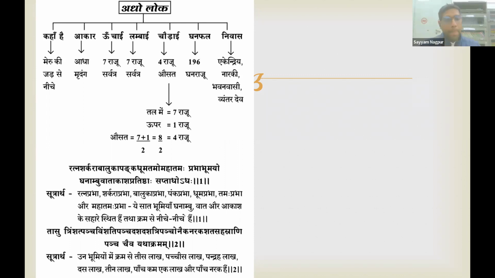Now say Ratna Sharkara Baluka Pank Dhoom Tamo Mahatamaha. Prabha Bhumayo. Ghanambu Vatakash Pratishtaha. Saptadhodha.